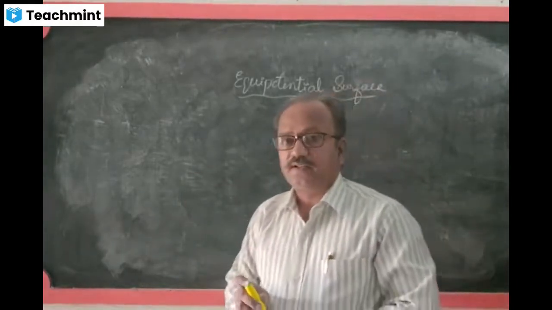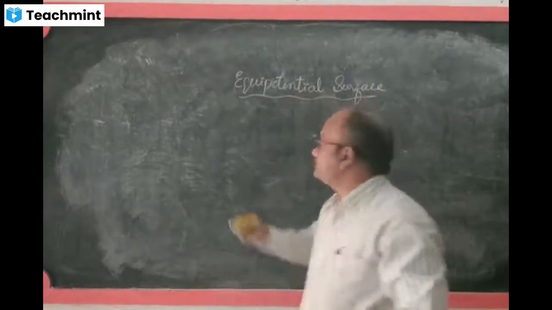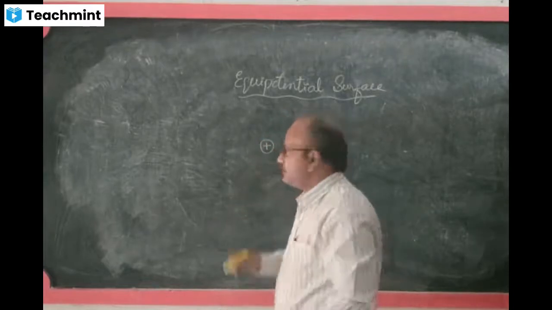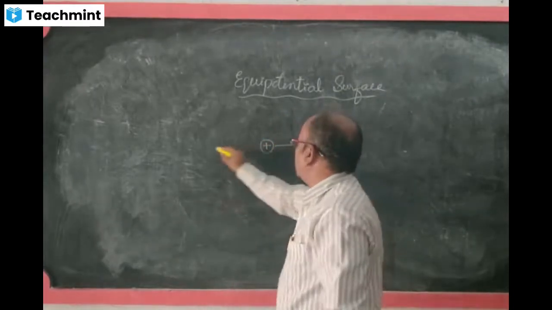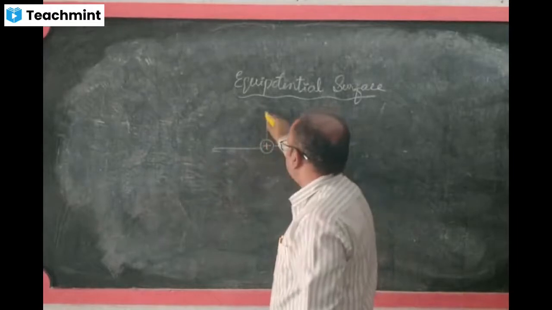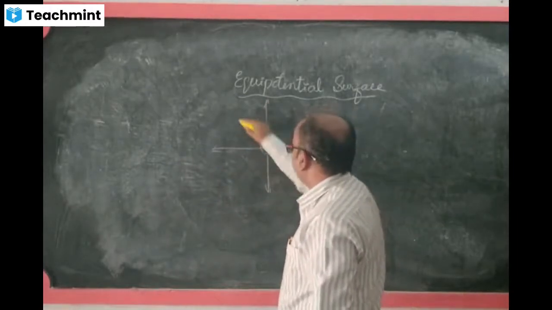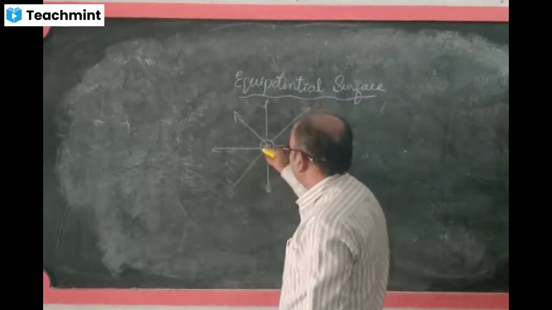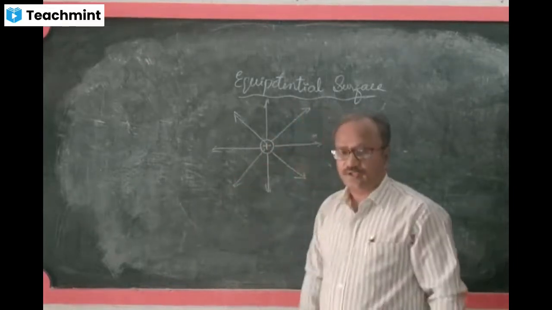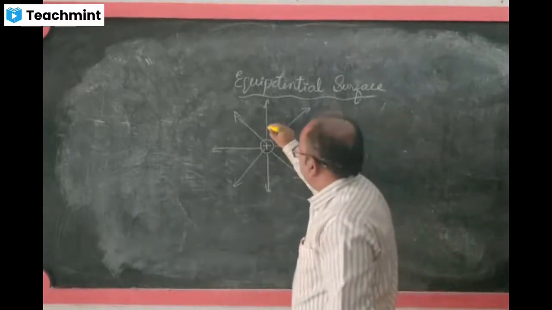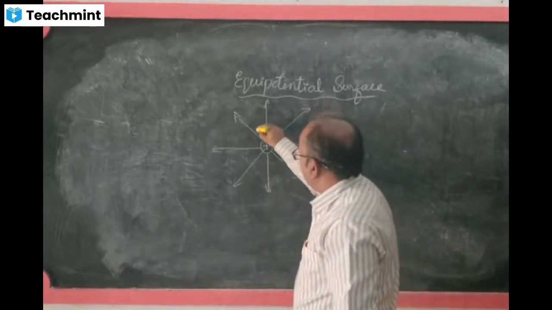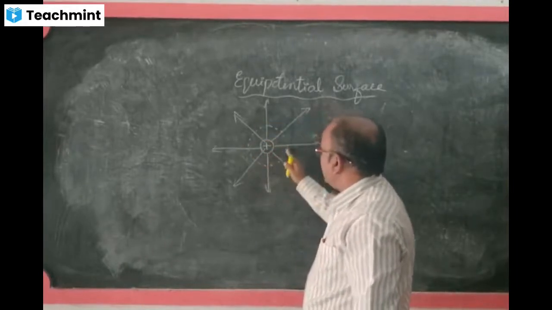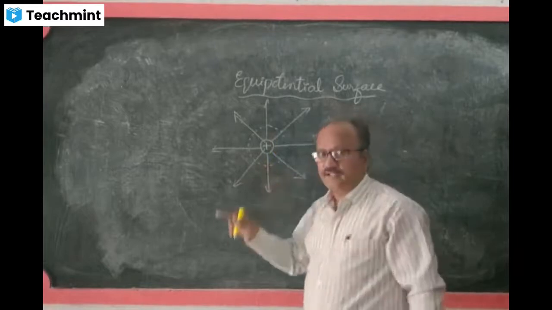Let us take a point charge. Suppose the charge is positive, then already you know the electric field lines in this direction are away from the charge. Then after a certain time interval, the electric field lines reach this much area around that charge.